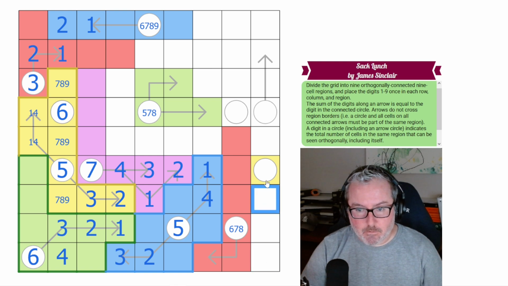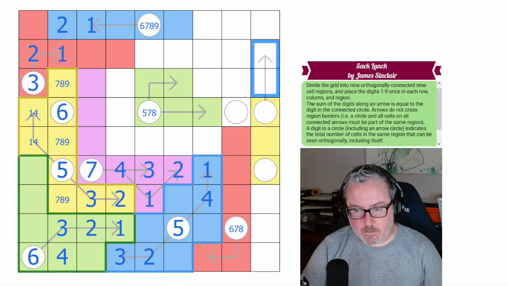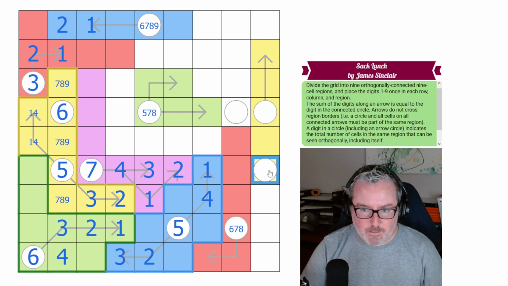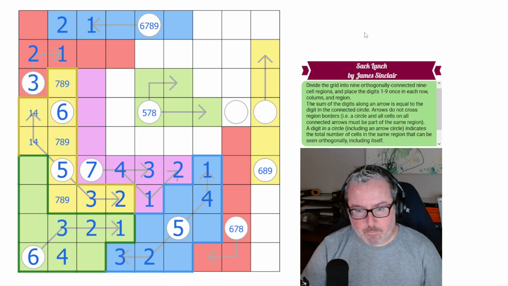And 1, 2, 3, 4, 5, 6 is, we have to be able to get out, is what I'm trying to say here. And if this is part of that, these must also be. Okay, so what can this be? 1, 2, 3, 4. We're at 5. It can't be 5. So 6, 7, 8, or 9 are all possible.